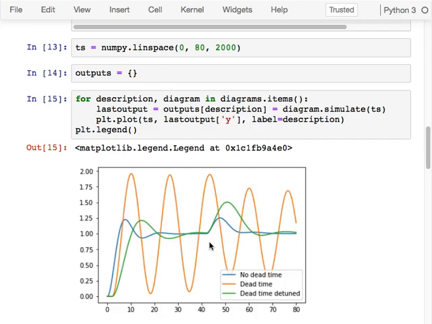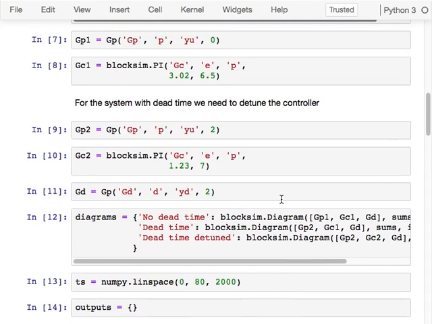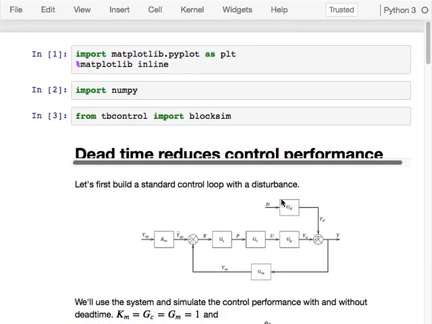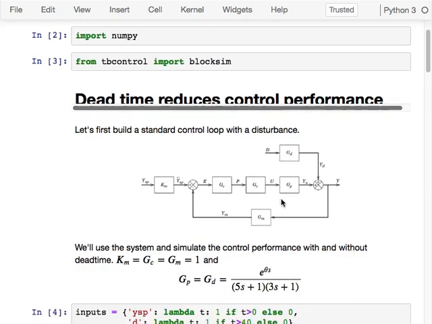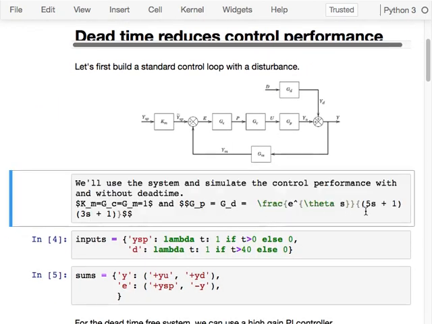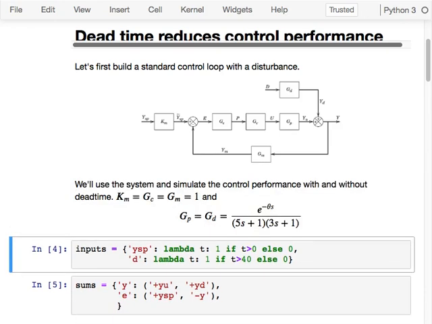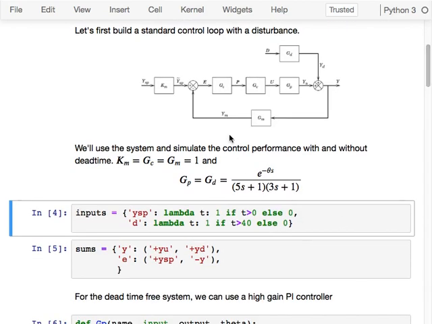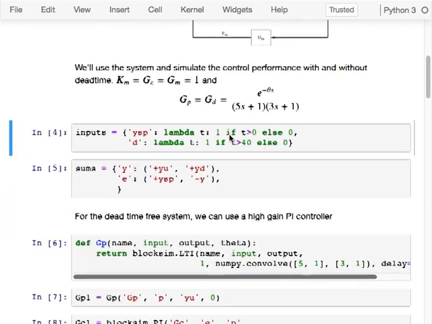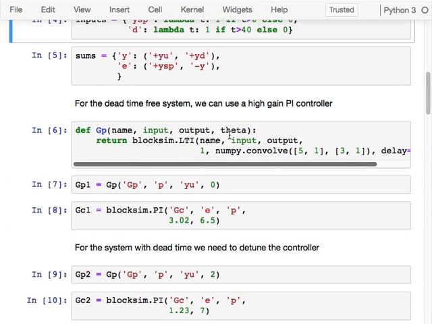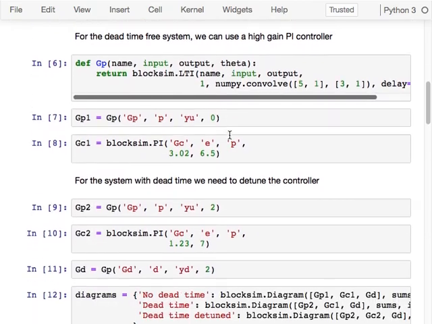Keep in mind, this is using the same control tuning as well. Remember that this is available on the repository if you want to go back and look at that. So we've got this second order plus dead time system, and we're just using exactly the same controller.